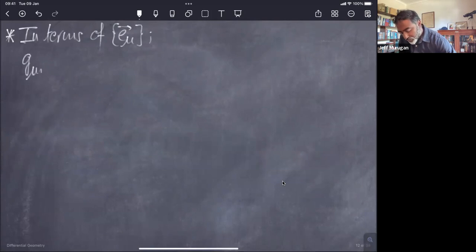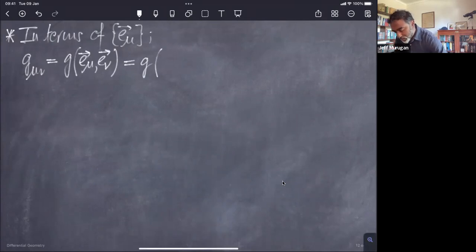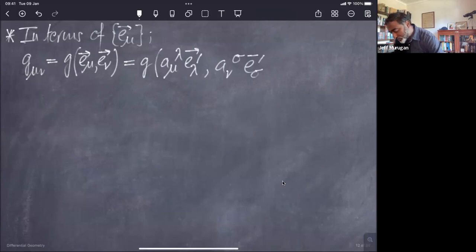G mu nu, which is G of E mu, E nu, is G of A mu lambda, say, E lambda prime, A nu, let's say sigma, E sigma prime. Again, lambda and sigma are just indices. Right, and this is the expression of the old basis in terms of the new basis.